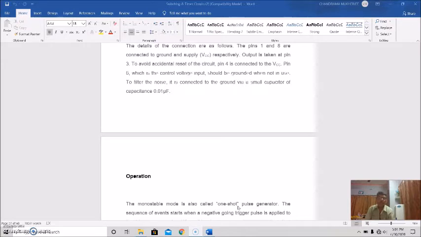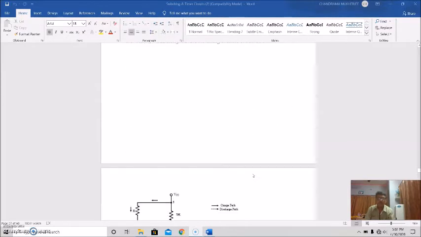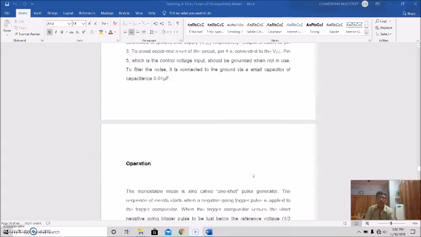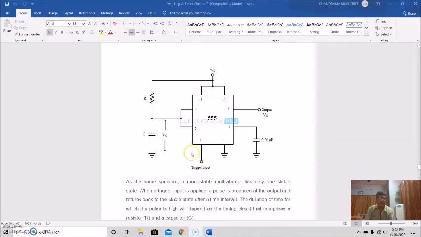To filter the noise, it is connected to ground via a small capacitor of 0.01 microfarad. That is shown here in the circuit diagram.